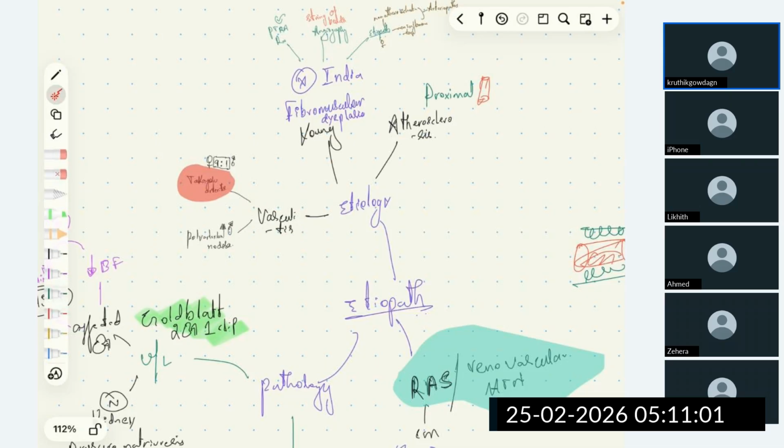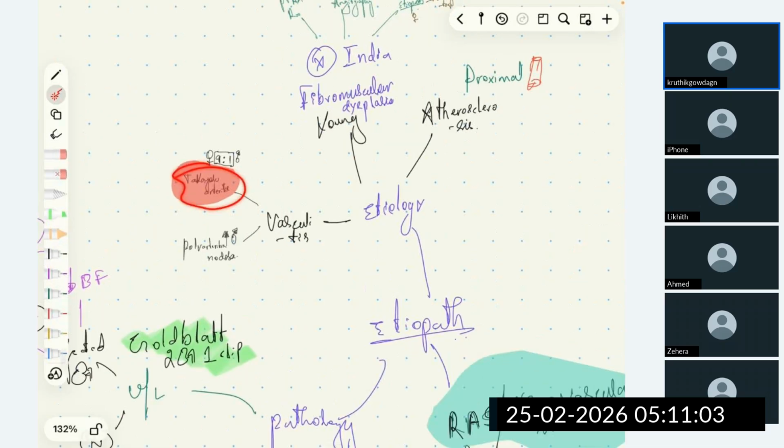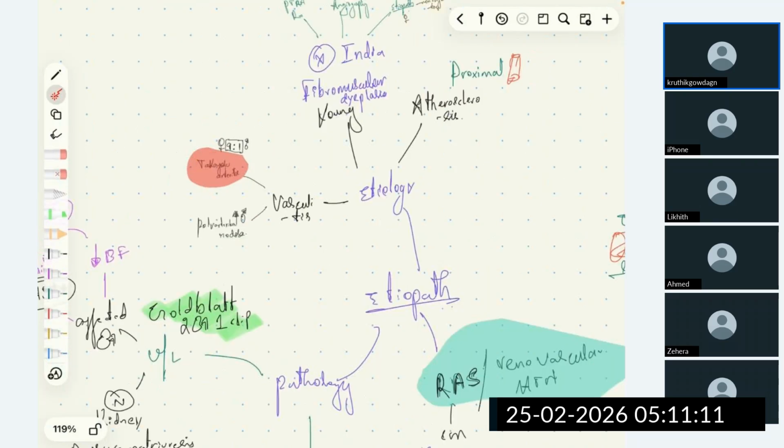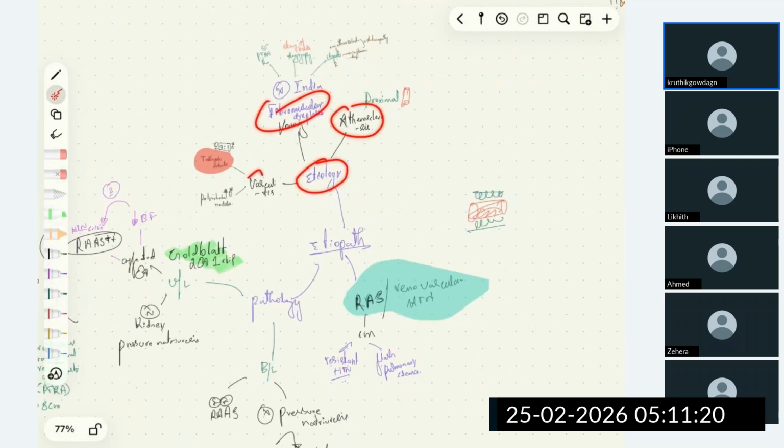Takayasu arteritis is one of the important causes of renal artery stenosis in the young in India. Takayasu arteritis, and also we have polyarteritis nodosa. What are these terms? We will see when we discuss rheumatology. These are the three important causes of renal artery stenosis: atherosclerosis most common, followed by fibromuscular dysplasia in young patients in non-Indians, and also vasculitis, Takayasu and polyarteritis nodosa.